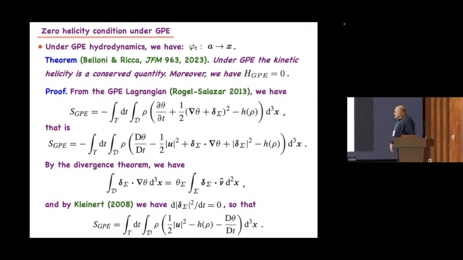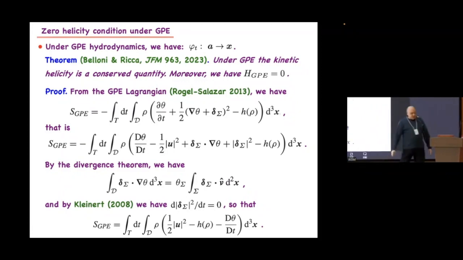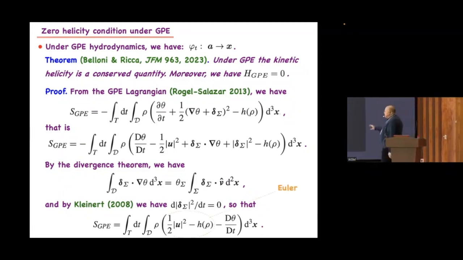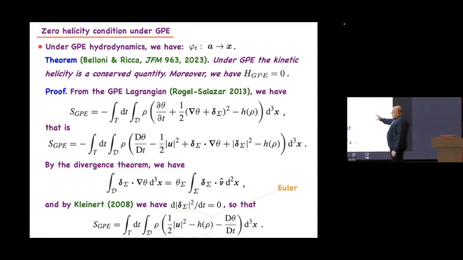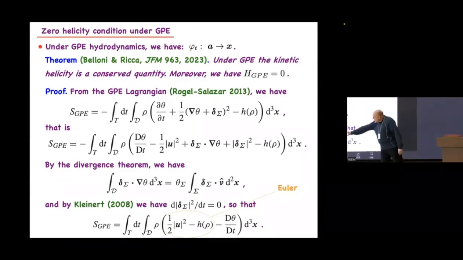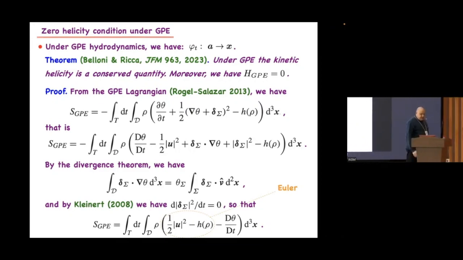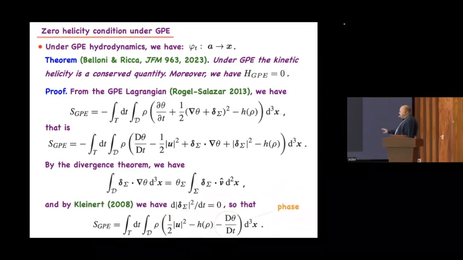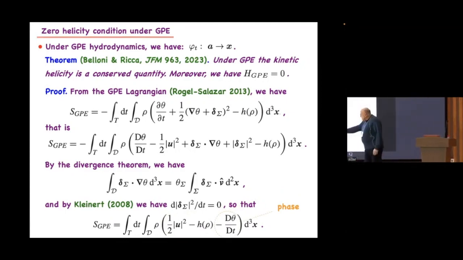So you now end up with this expression, and this expression can be read out as a kind of Euler action density, that is a standard thing, plus a contribution from the phase that is expressed by this term.